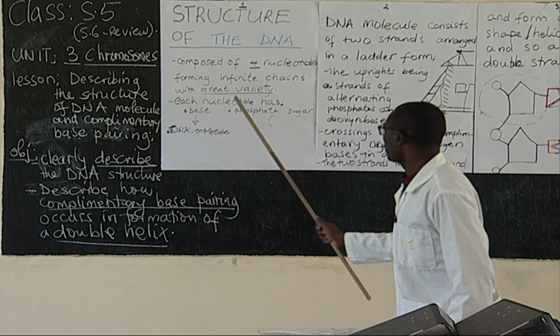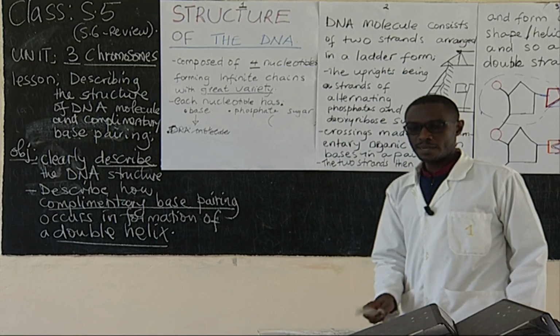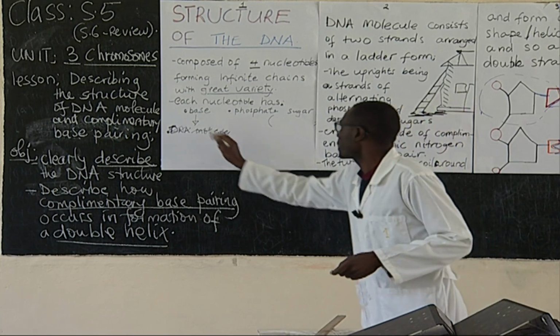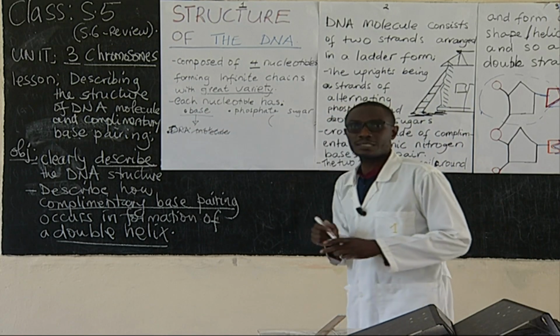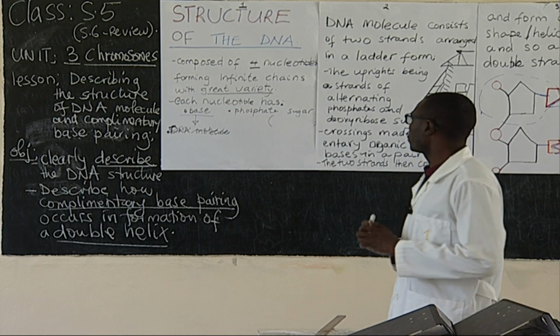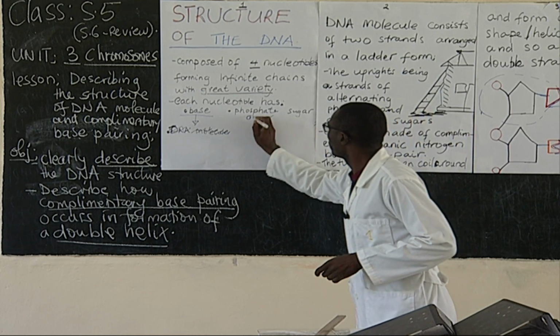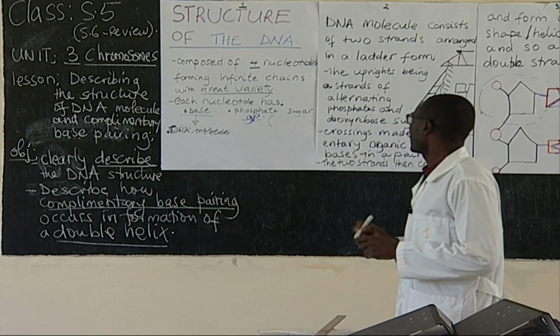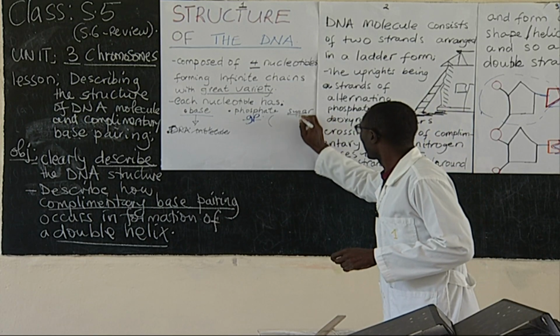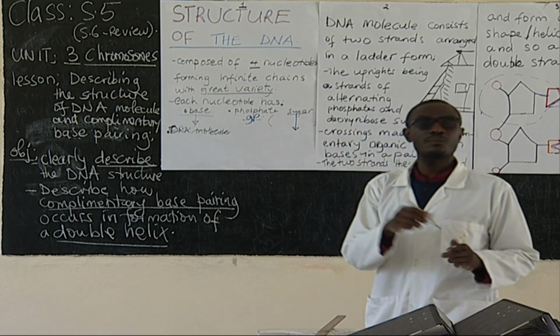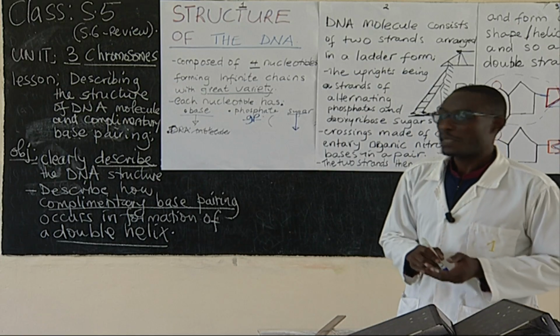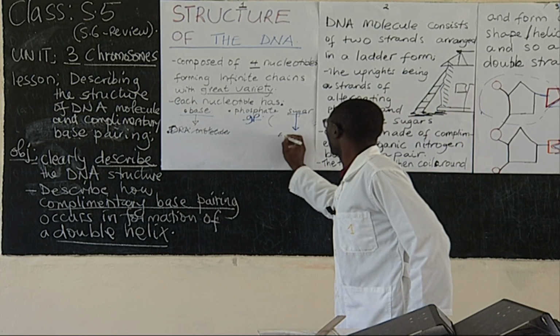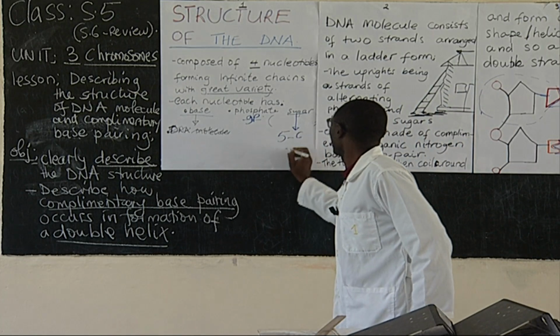Two, that each nucleotide has, one, a base, which we looked at as an organic base last time. Two, a phosphate group. And three, a sugar. Remember, not the same table sugar you use at home, but this we said should be a 5-carbon sugar.